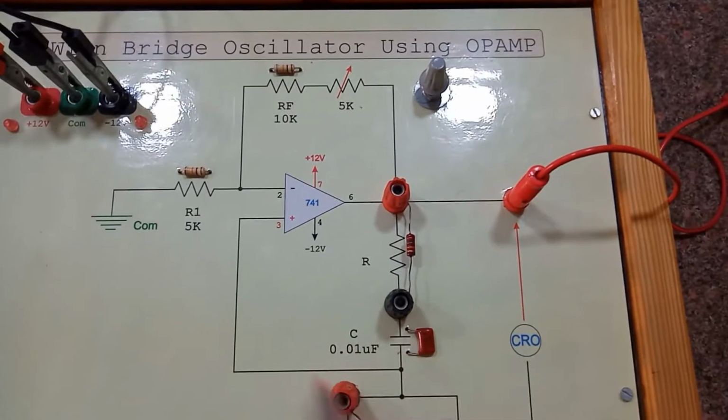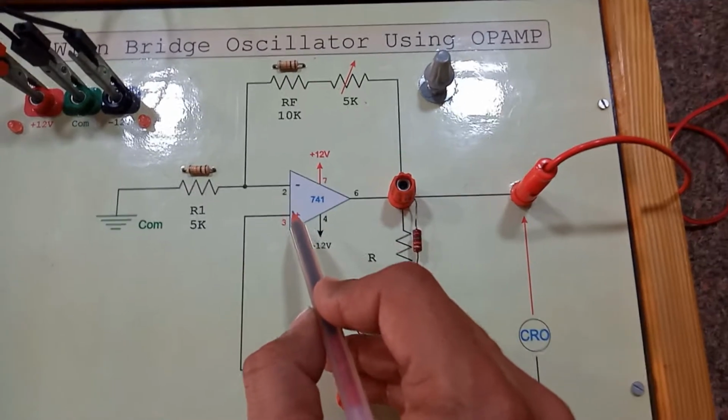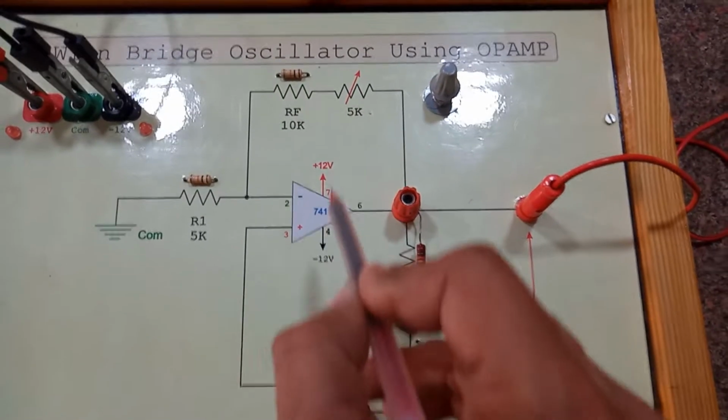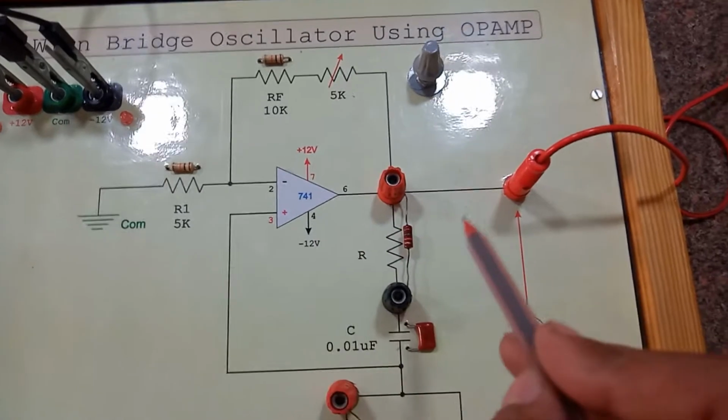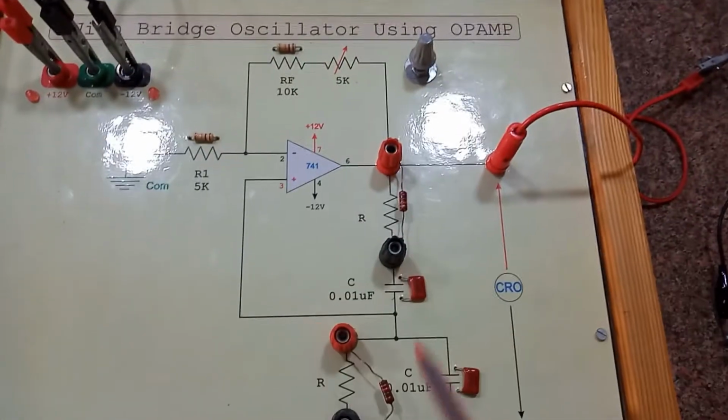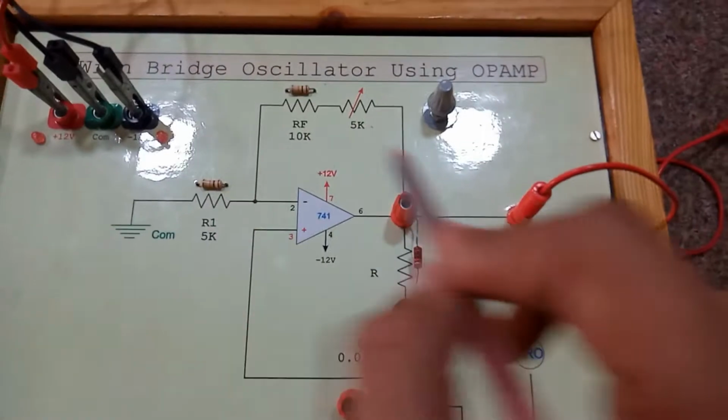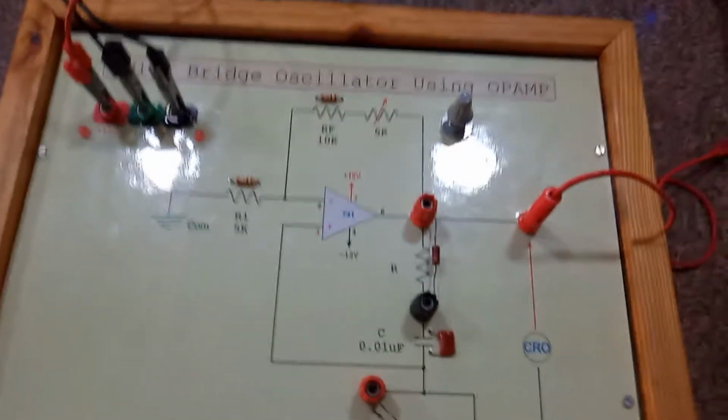Here it is connected to the non-inverting terminal, so the op-amp is not giving any phase shift, it is giving 0 degrees, and this combination is also providing 0 degree phase shift, so the total phase shift to the signal will be 0 degrees.